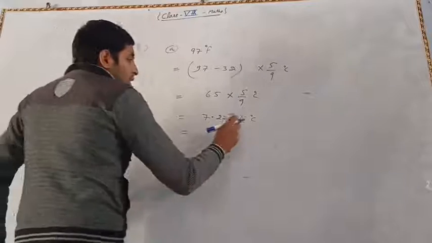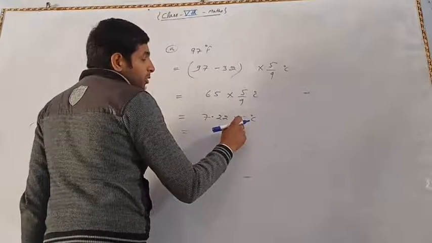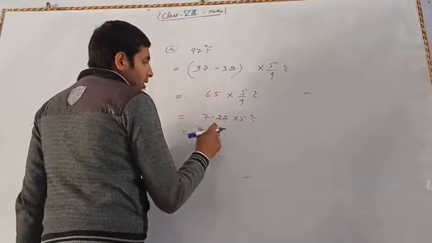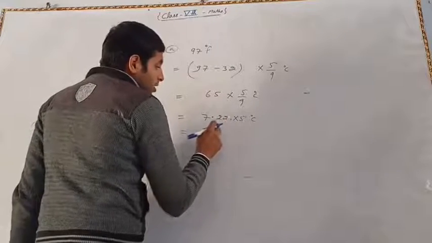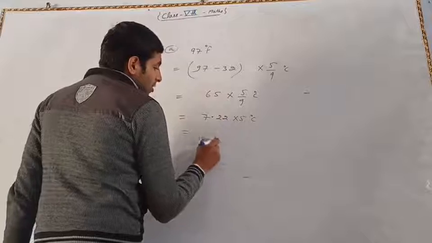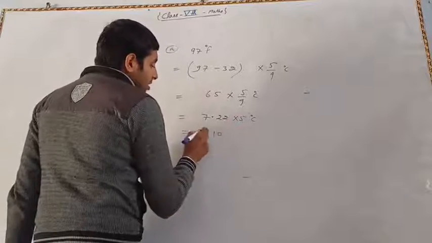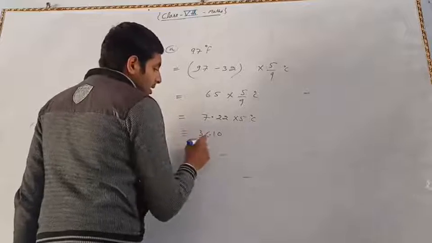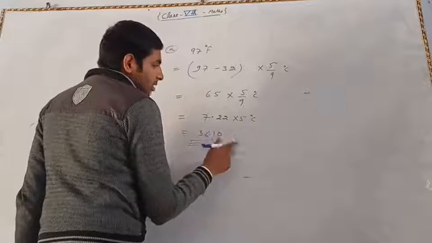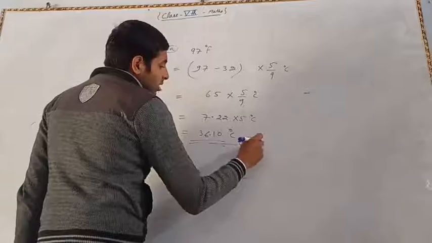So here you have to multiply 7.22 with 5 and you get your answer, 36.10. You have to take the decimal after 2 digits. Then you will get 36.10 degree centigrade. This is your answer. Okay.